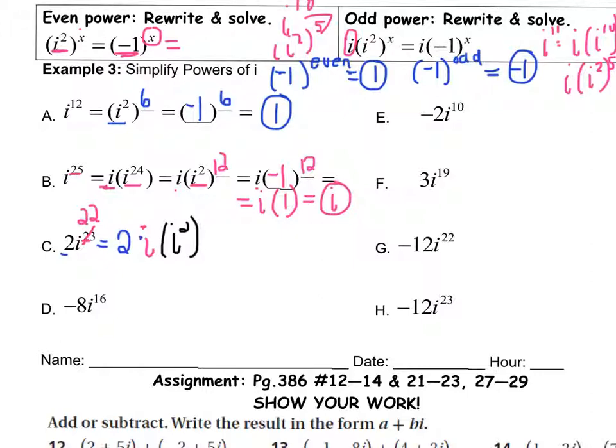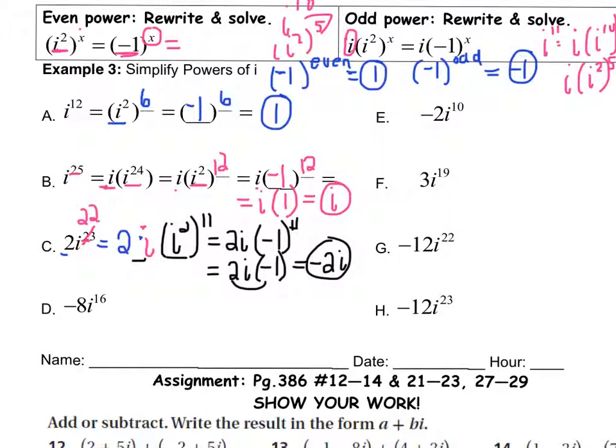Well, 2 times 11 gives us 22. So I'll recopy all of this. We have 2i out front. We'll replace the i squared with negative 1 to the 11th. So we have 2i, and negative 1 to an odd power is going to be negative 1. So 2 times negative 1 is negative 2i.